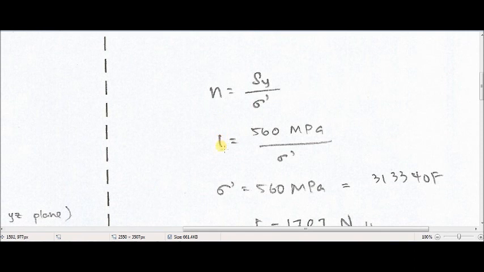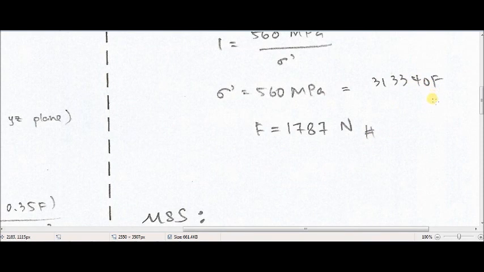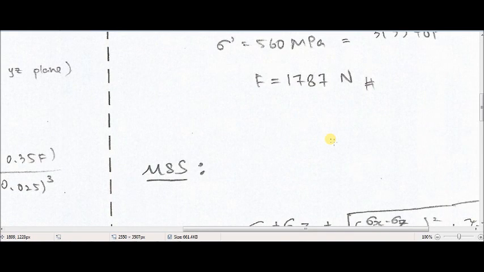When I substitute safety factor 1, that means sigma prime should be equal to the yield strength of the material, which is 560 megapascal. So sigma prime equals 560 megapascal, and we will conclude that F, the force, equals 1787 Newton.